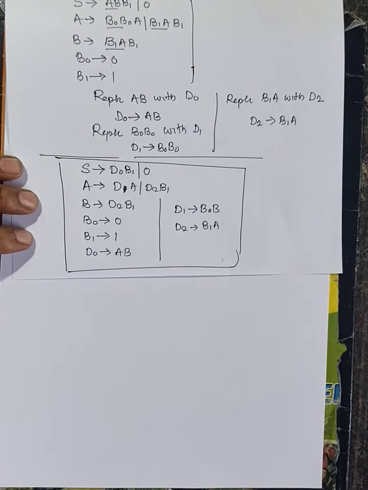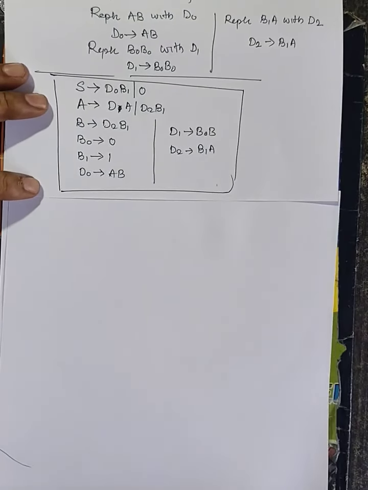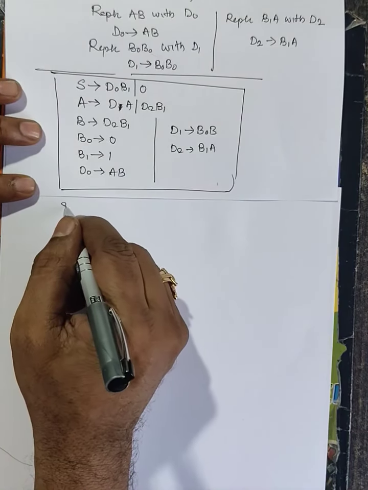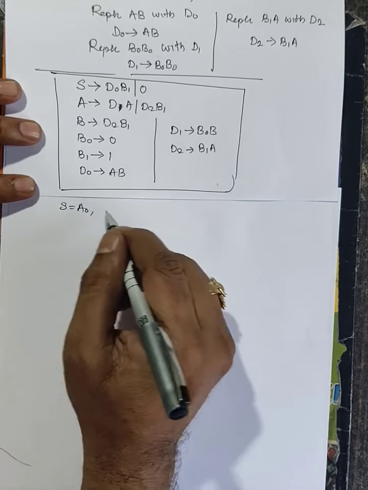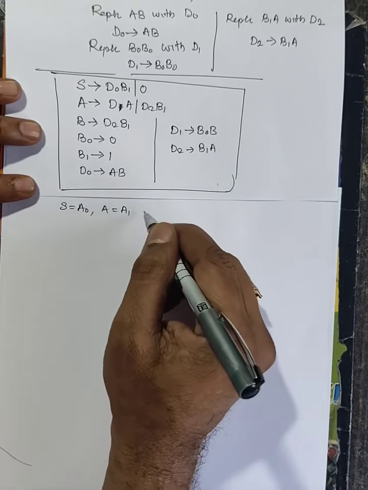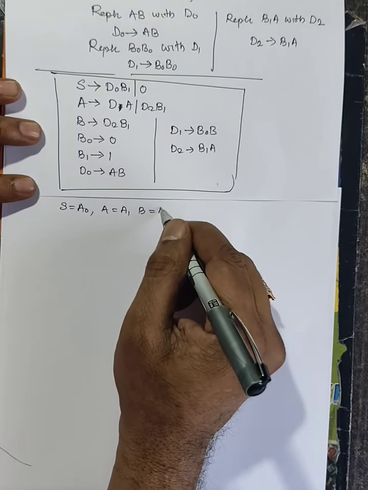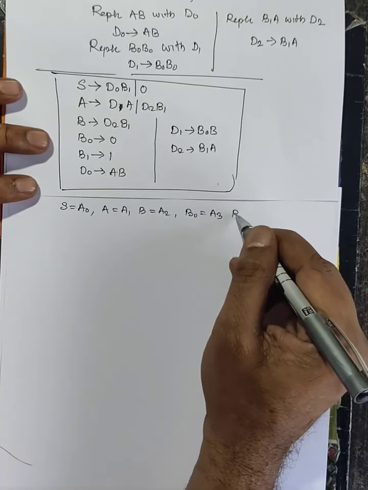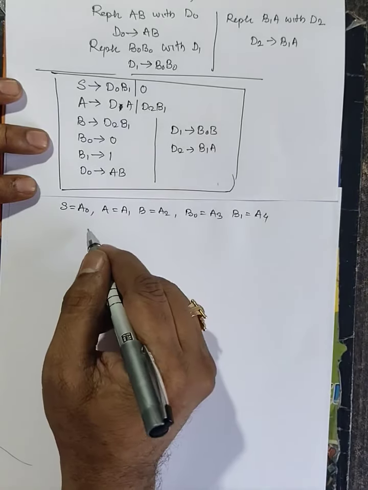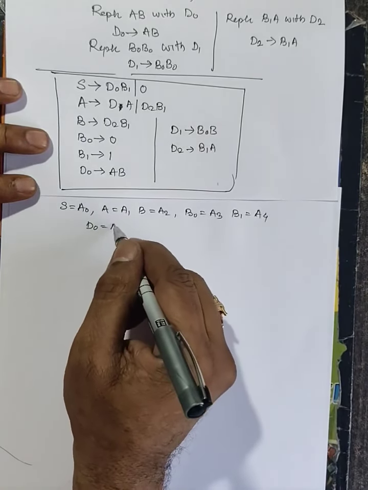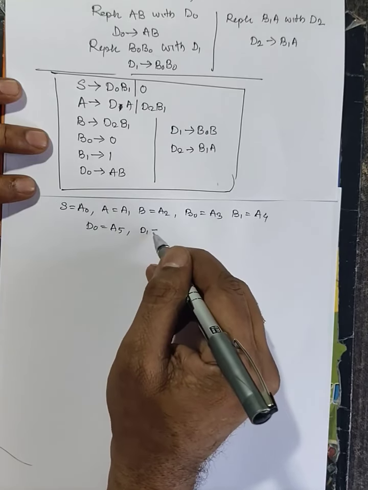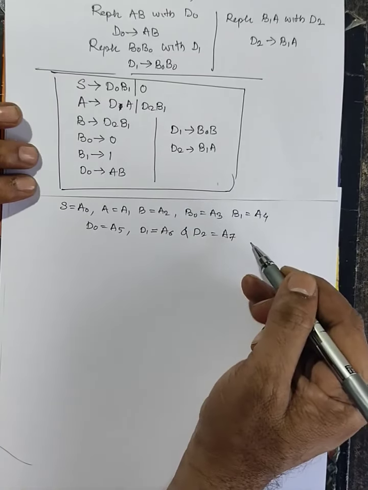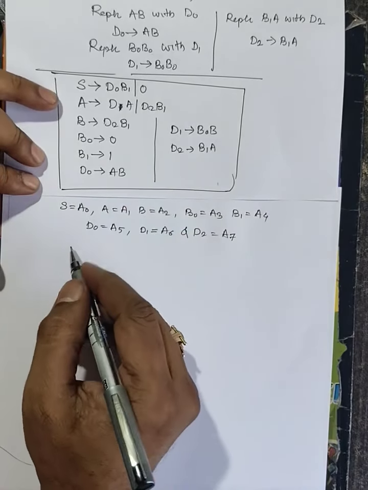Replace all variables with A0 to An. S equals A0, A equals A1, B equals A2, B0 equals A3, B1 equals A4, D0 equals A5, D1 equals A6, and D2 equals A7. Then substitute within this.